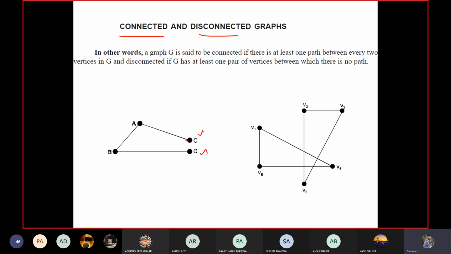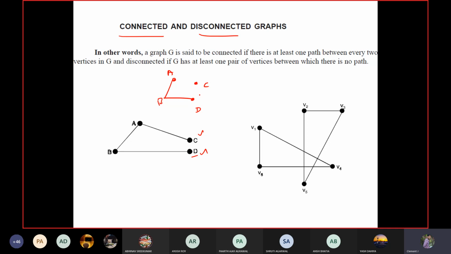I can choose a path like C, A, B, D. By the way, I can travel from D to A via D, B, A. Suppose the graph is like this: here I could not take a path between C and D, or between C and B. There is a disconnection between A and D. If instead I had a connection with A, C or C, D, then certainly it would be a connected graph.